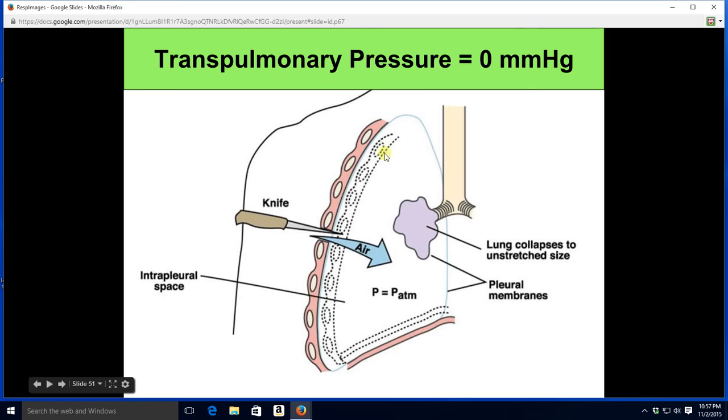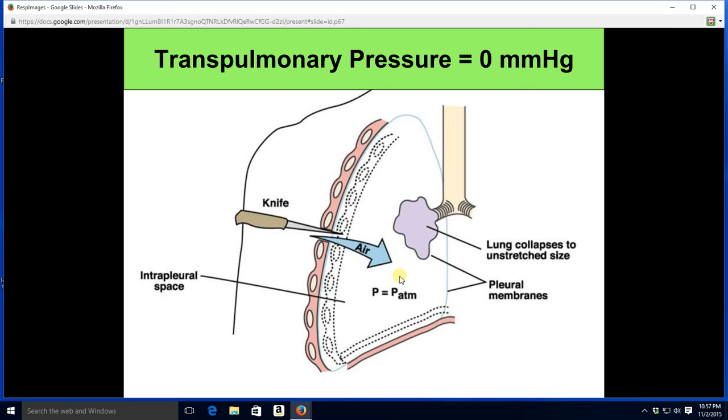It collapsed because all of a sudden the pressure in the pleural cavity was no longer low. It was the same as atmospheric. So there was no longer any transpulmonary pressure. No reason for air molecules to push against the wall of the lung, and the lung collapsed to its unstretched size, which is about the size of your fist. Make a fist, look at your fist. That's how tiny your lung can get.